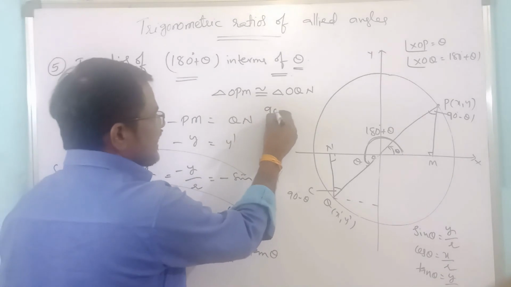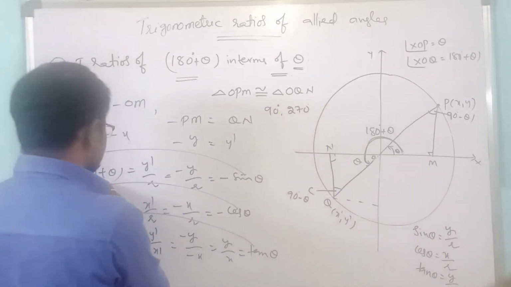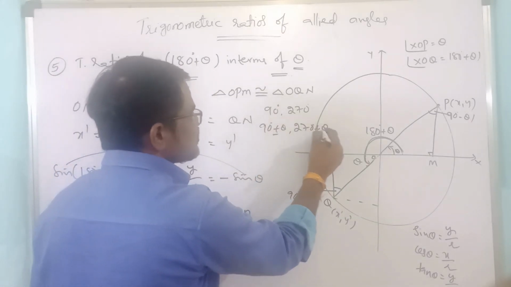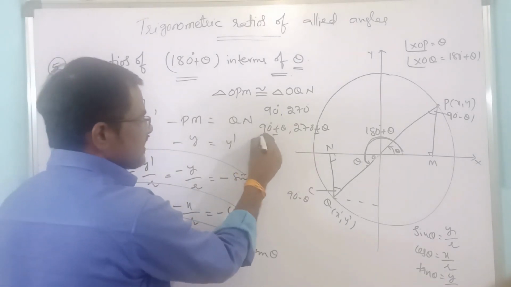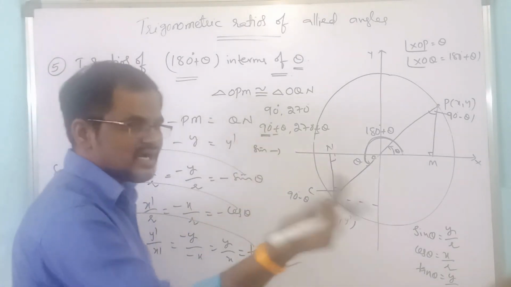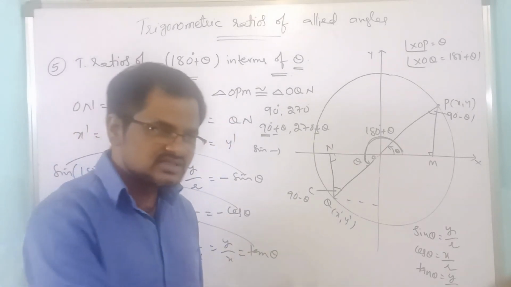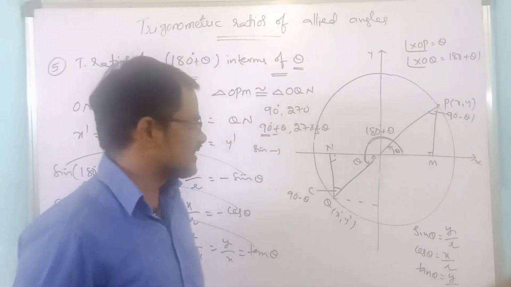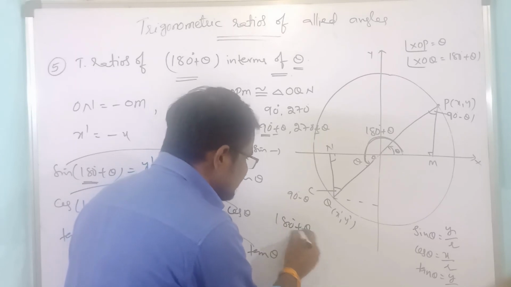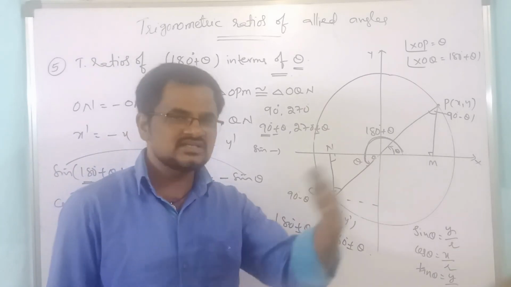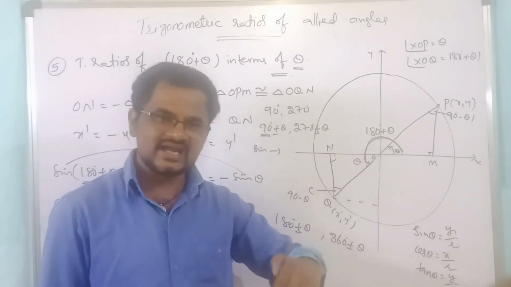Whenever 90 or 270 is there, that is 90 plus or minus theta or 270 plus or minus theta, if you apply it, sine changes to cos, cos changes to sine, tan changes to cot, cot changes to tan, secant changes to cosecant, cosecant changes to secant. But for 180 plus or minus theta and 360 plus or minus theta, the functions do not change. Sine remains sine, and cos and tan also remain the same. So this is the information about the allied angles.